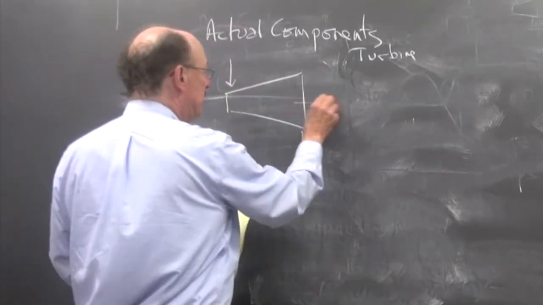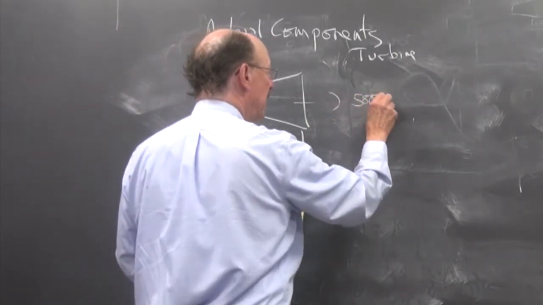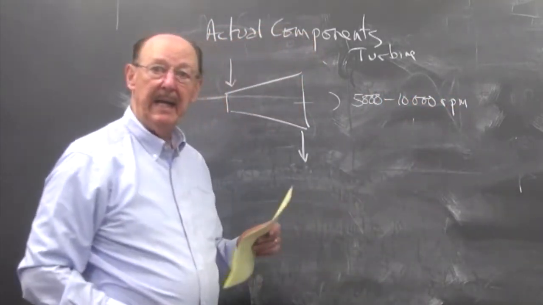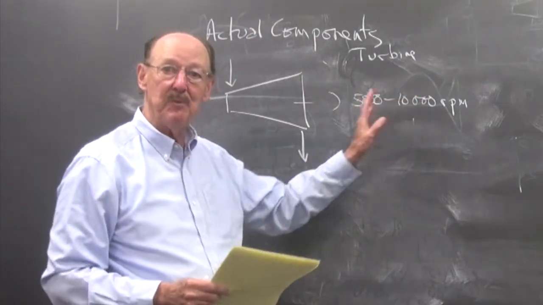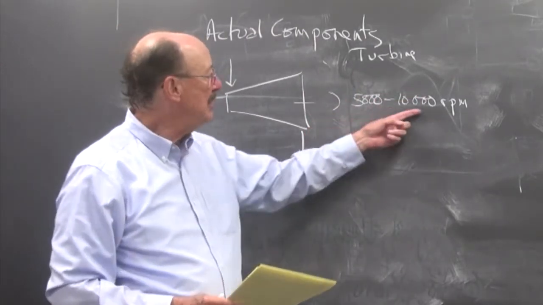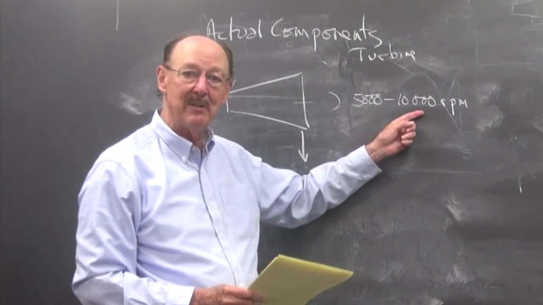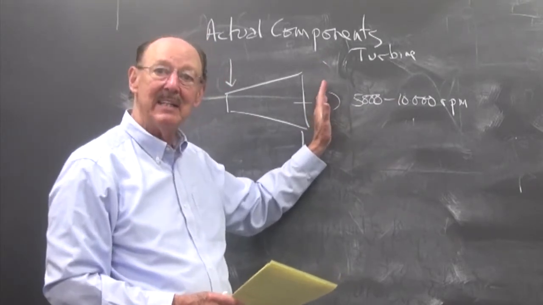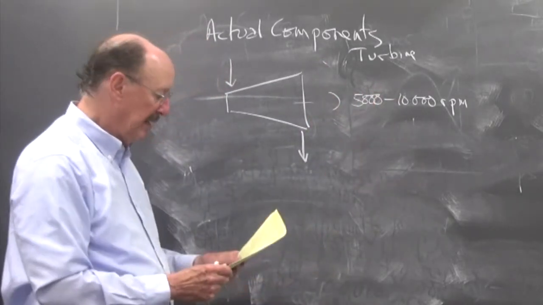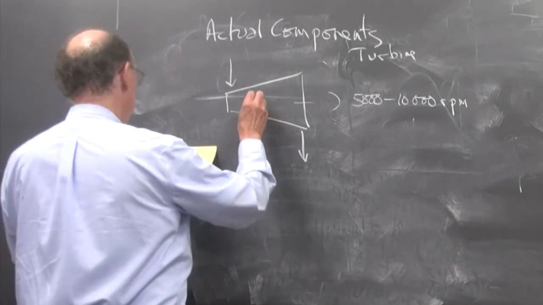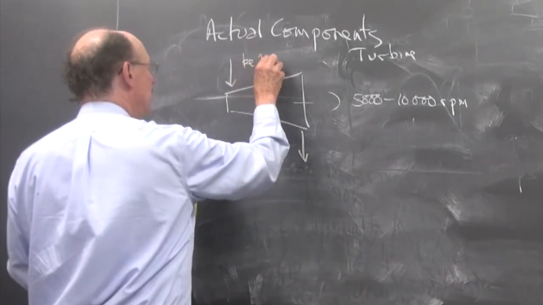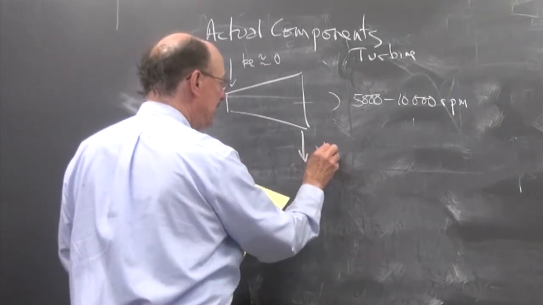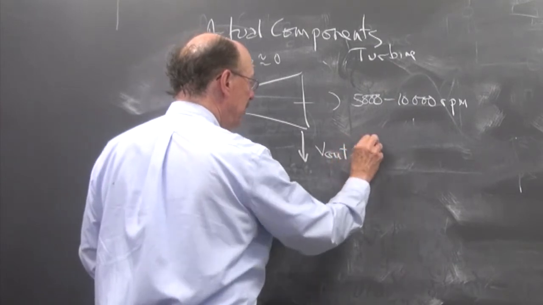Typically this is turning 5,000 to 10,000 RPM. We're not really going to get into this, but if it's turning this fast and it's connected to a generator that turns at a much slower RPM, I have to have a gear system here that slows this down. So this comes in with essentially the kinetic energy equal to 0. It's a low kinetic energy. The velocity out could be about 200 meters per second.